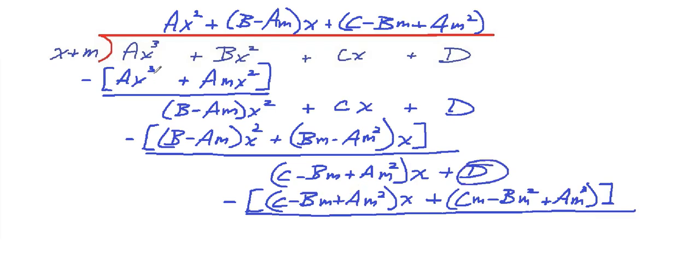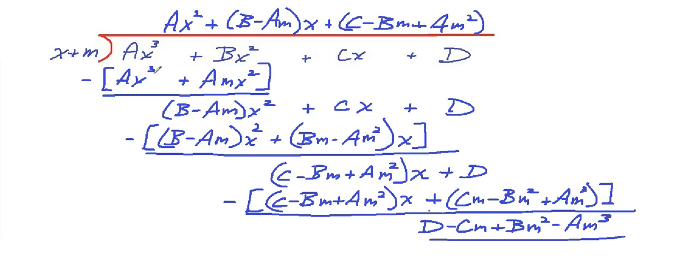And now this is just a constant minus a constant. So it's just going to be d. And then remember, this is going to flip all of these terms. So we're going to have negative c m positive b m squared minus a m cubed. Okay, now this is a degree less than this, so we're done. This is our remainder.